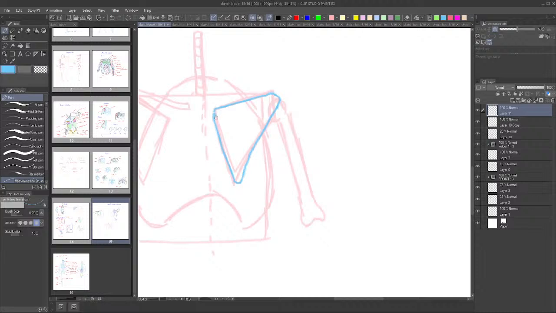Then we have something called an acronym here. Yeah, that's way easier.